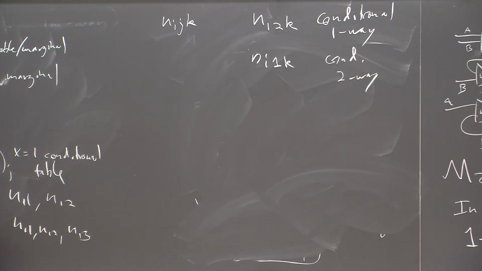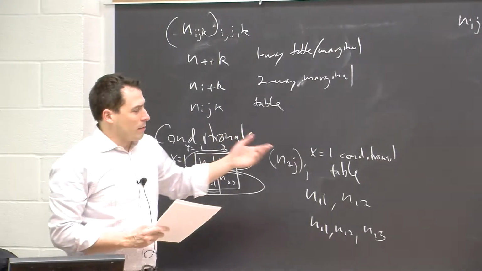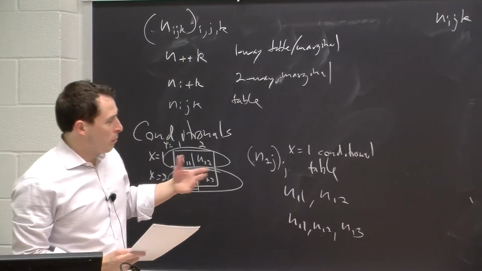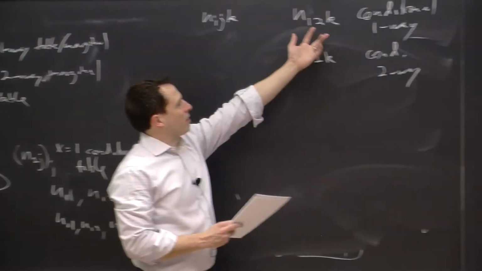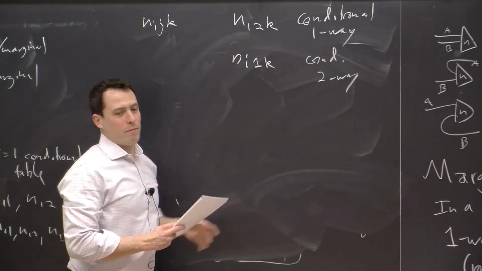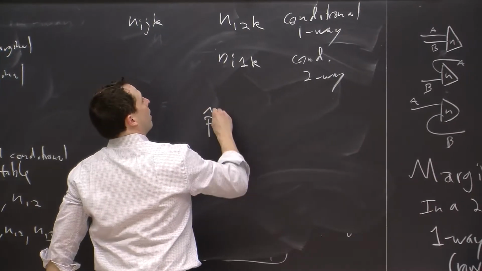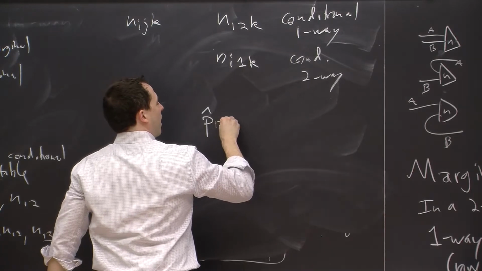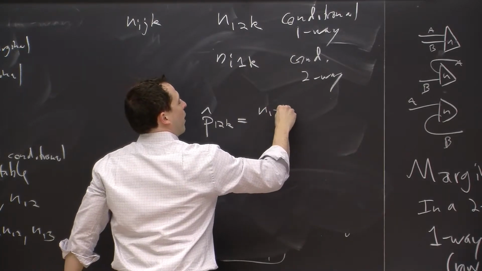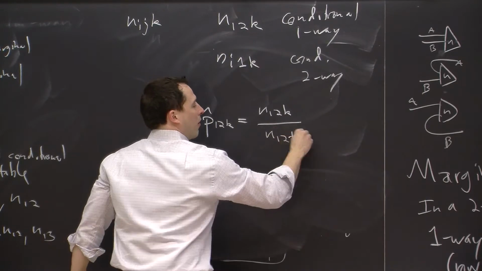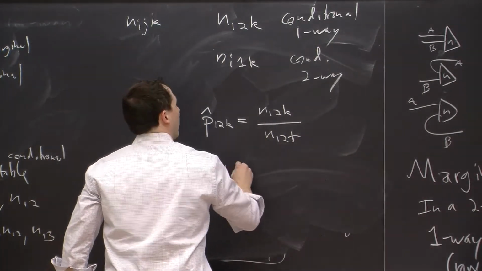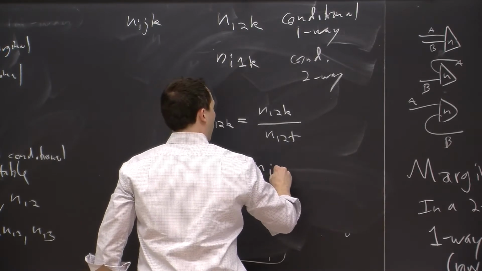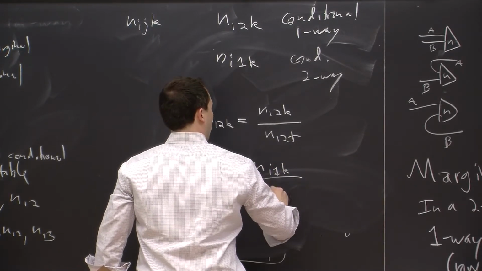And so up to that logic, a lot of the way that we think about the maximum likelihood estimators and so on for simple models are just the obvious versions of that. If I want to estimate the conditional, I just divide this by the relevant total. So p hat_12k is n_12k divided by n_12+. p hat_i1k is n_i1k over n_+1+.